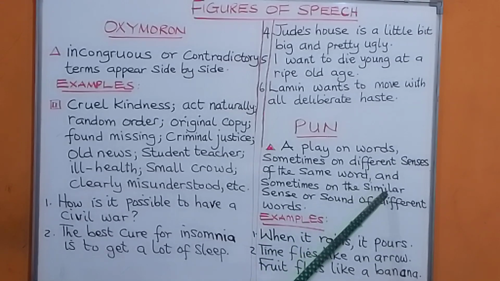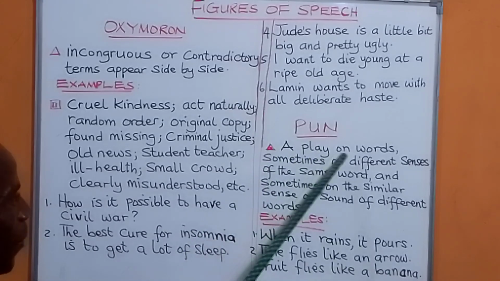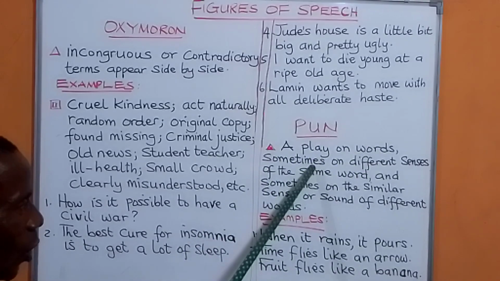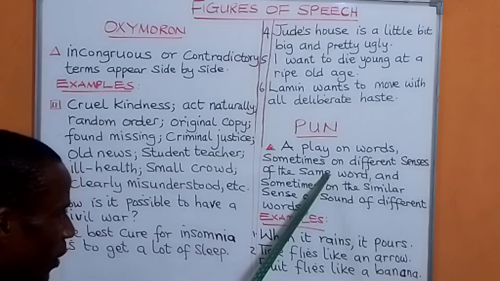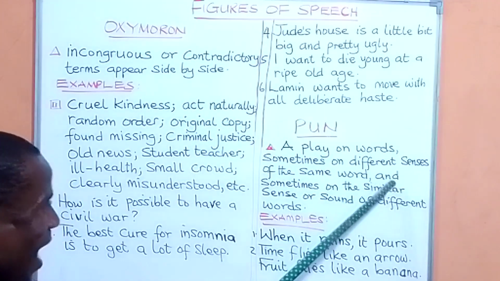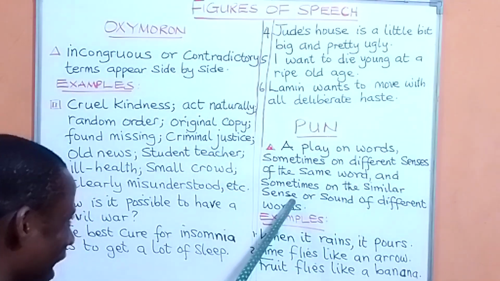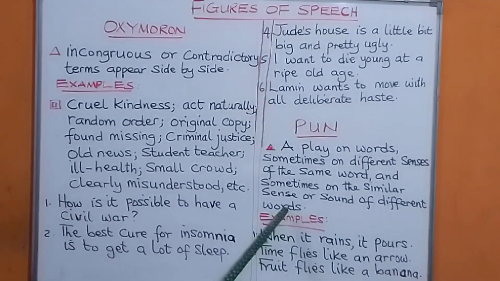Sometimes you use similar sense or sound to play on different words. A pun is a play on words, sometimes on different senses of the same word, and sometimes on similar sense or sound of different words.